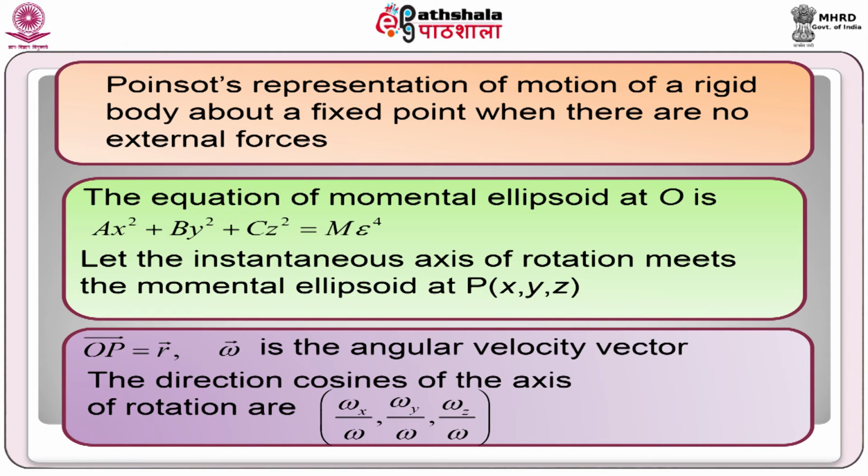The equation of the momental ellipsoid at O referred to the principal axes of inertia is capital A into x square plus capital B into y square plus capital C into z square equal to capital M into epsilon to the power 4, where capital M is a constant having the dimension of mass and epsilon is also a constant having the dimension of length, so that both sides of this equation are dimensionally consistent.